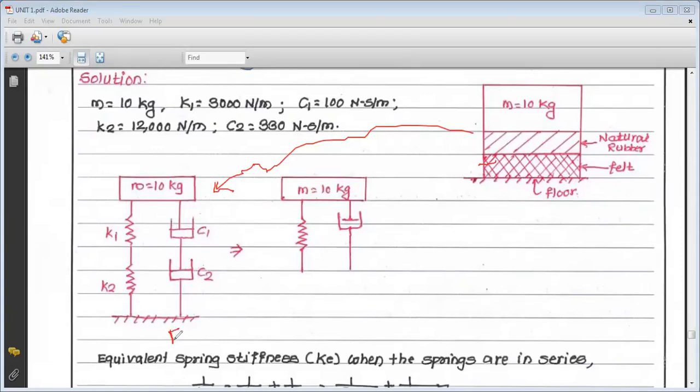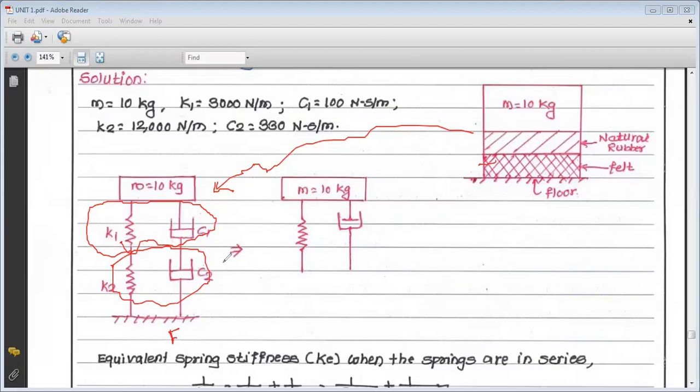This is your floor. This is your felt part, and this is your natural rubber part. The felt part has stiffness K2 and damping coefficient C2. Similarly, the rubber part has damping coefficient C1 and stiffness K1.